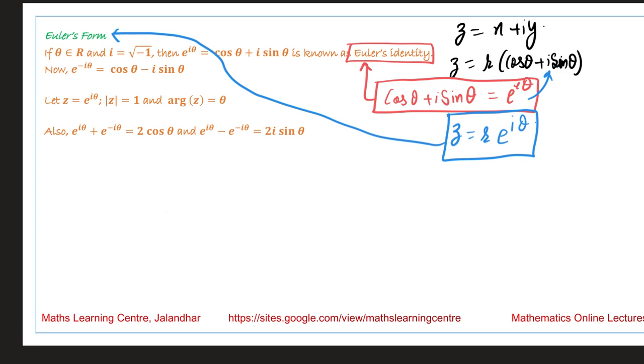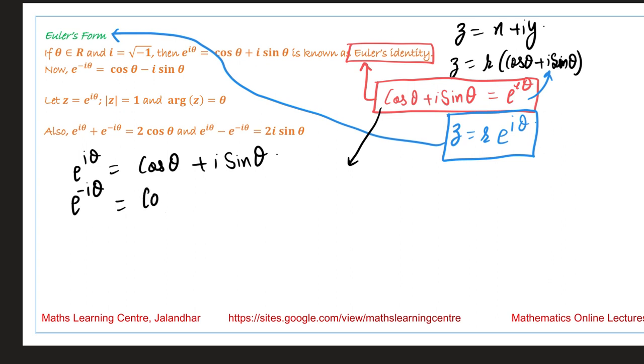So from Euler's identity, we have e^(iθ) = cos θ + i sin θ. Now if we write e^(-iθ), in place of i we are writing -i, so we are basically taking the conjugate, and the answer we obtain is cos θ - i sin θ.